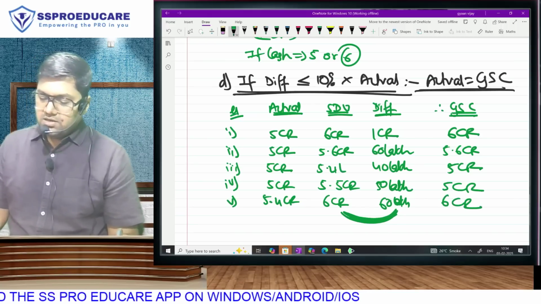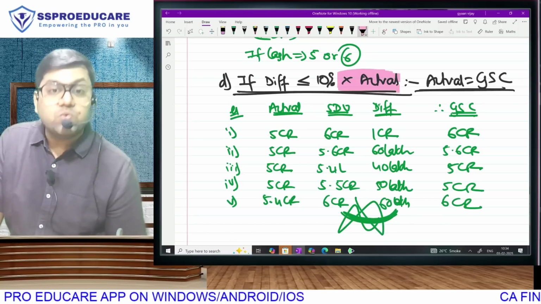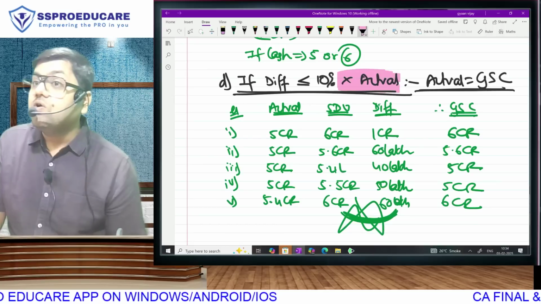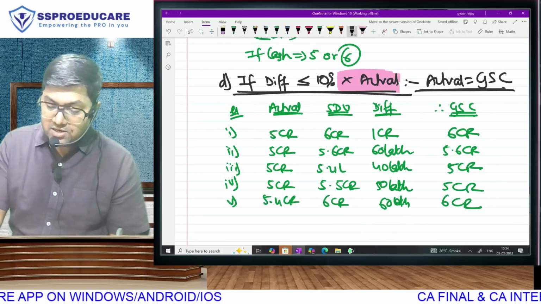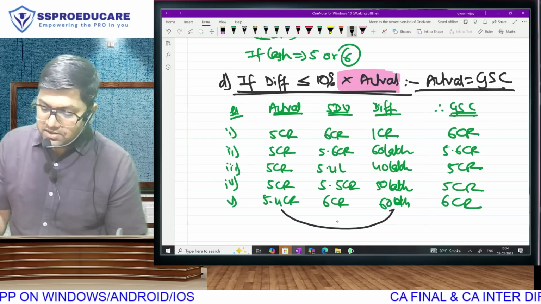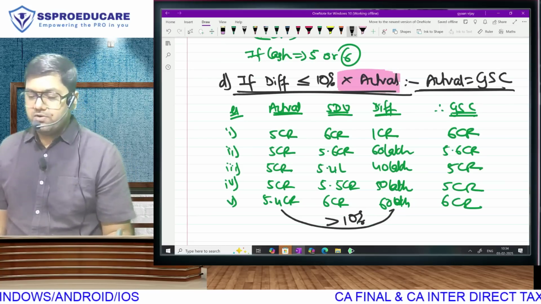The answer will be 6 crore, because this comparison is wrong. The biggest mistake which students make here is not being careful that you have to apply 10% on actual. Here it is more than 10%. The 10% has to be applied on actual.